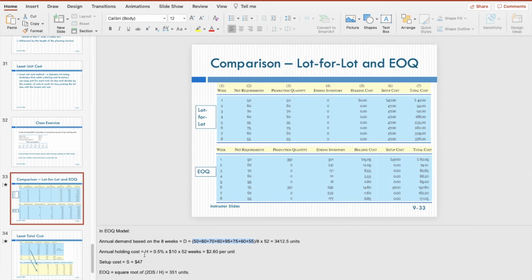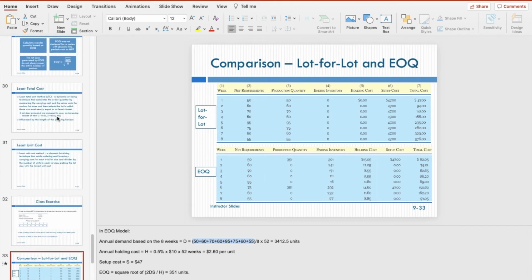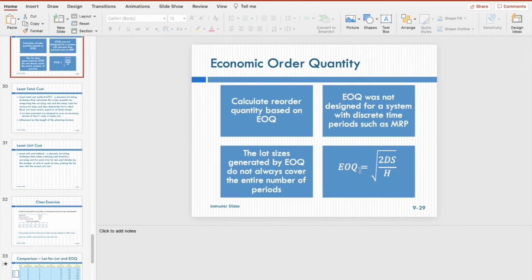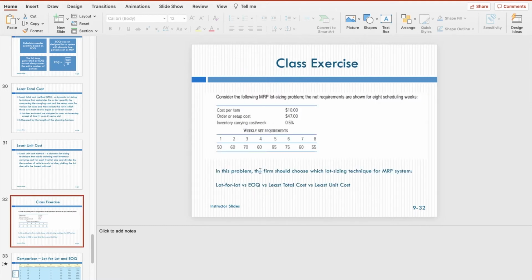Now after you get the annual demand, you already have D. But you still need the other numbers in order to get the EOQ. So what is S? What is H? First of all, the cost per item is $10. The inventory carrying cost per week is 0.5%.